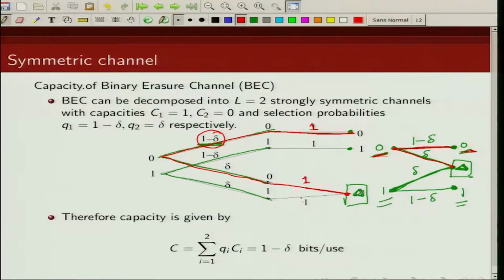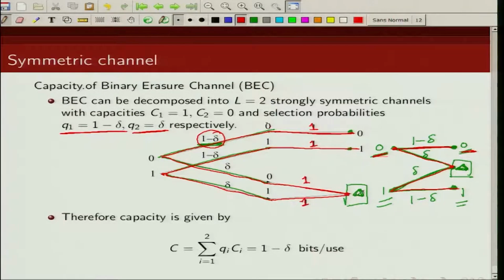Likewise, from 1 to the erase state, again the probability is delta, so delta times this should be delta, so this probability is 1. And similarly, from 1 the probability is 1 minus delta, so since the selection probability is 1 minus delta, this has to be probability 1. So, now my selection probability for the first set of channels Q1 is 1 minus delta, and the selection probability for the second set of channels is delta.